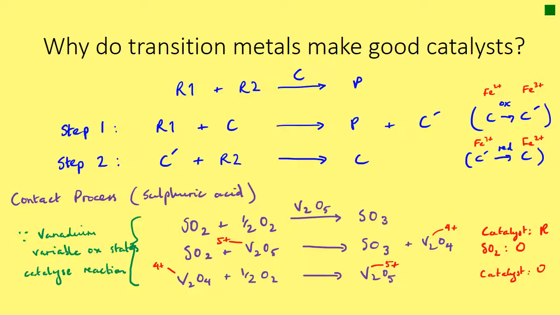And if it couldn't exist in variable oxidation states, it couldn't facilitate that two-step process. And the activation energy for step 1 is very low, and the activation energy for step 2 is also very low, whereas the uncatalyzed reaction has a very high activation energy. So that's why they proceed much faster as a catalyzed reaction.